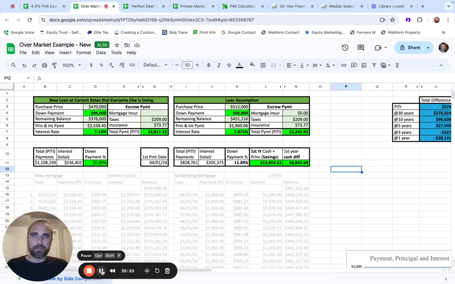The maximum fee they can charge you is pretty low on this. It's a lot less than originating or starting a new loan. So these can take several months to do sometimes, and they don't make it easy for you. If you go do this the way that everybody else is doing right now, which again, I couldn't blame you for, and heck, I'd even help you do it if you want.